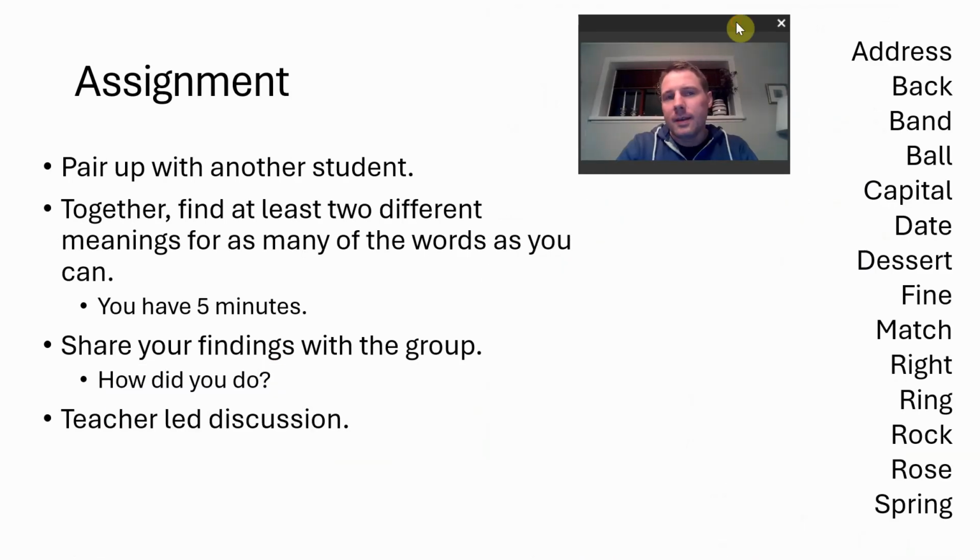So here's the actual assignment. Now we've talked a little bit about how words can mean different things, depending on the context, depending on the words that are around and the pictures we see, and also all sorts of cues.